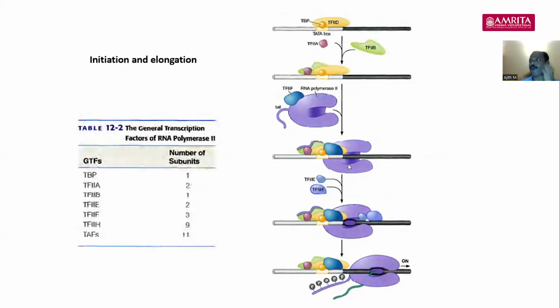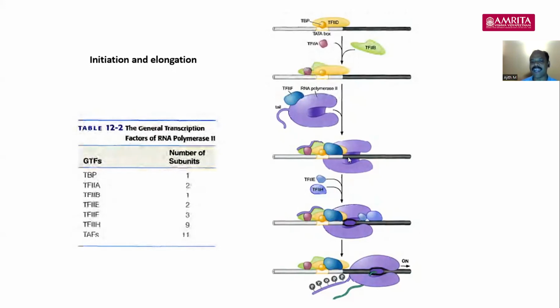Now you can see the polymerase also has an interesting tail. It is called a CTD domain. C-terminal domain it is. Don't need to worry too much about it. That domain is important for stabilizing the binding. So every protein sits on the promoter, the CT domain goes and stabilizes it. Once it stabilizes it, you can see the other transcription factors attach.